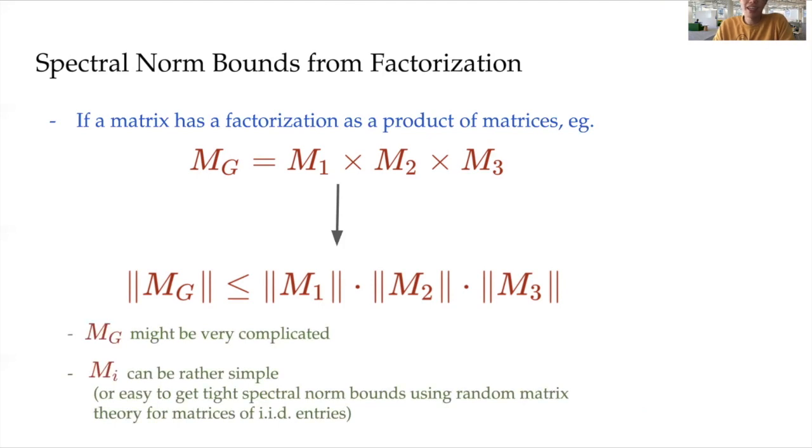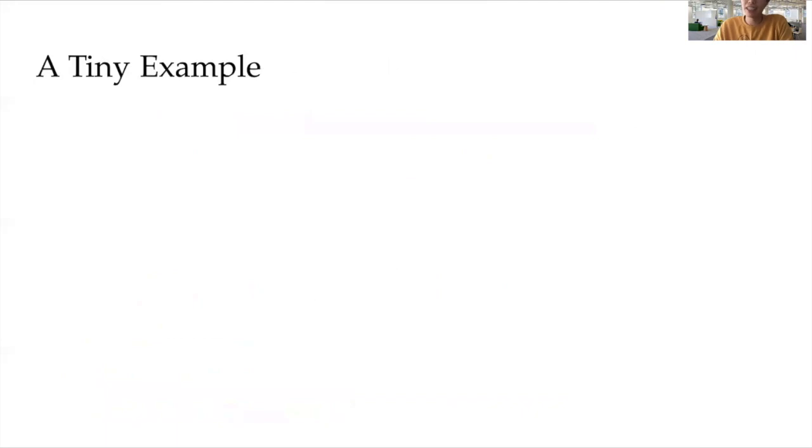The takeaway here is, even though the original matrix we want to bound can be super complicated, for example, it may have correlations across entries, the matrices it decomposes into can be rather simple. Or maybe it's easy to get tight spectral norm bounds for the matrices we decompose into using off-the-shelf random matrix theory results.